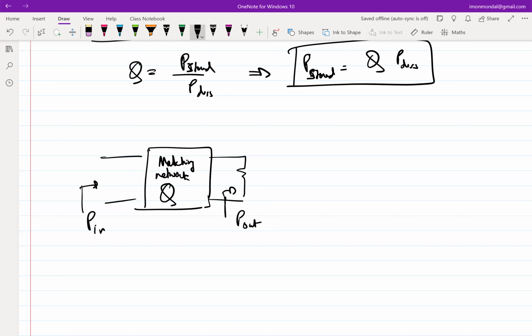So if the matching network is not lossless, then the relationship between P in and P out is not that of equality. That is pretty intuitive. So your P in is essentially then power dissipated in the network plus P out, where P dis is power dissipated in network.